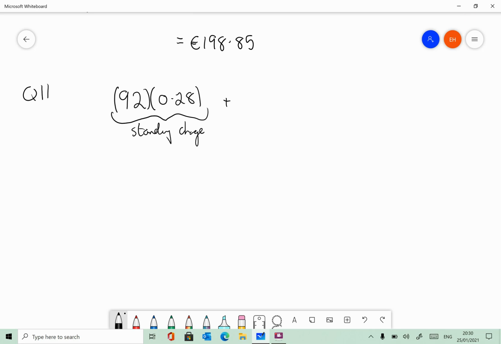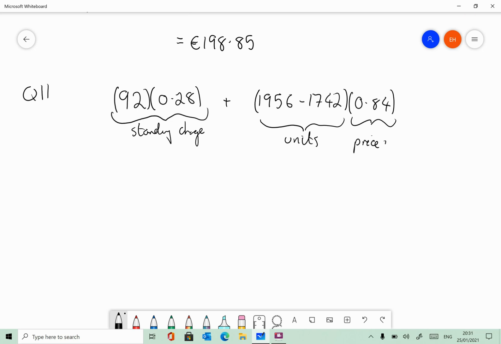And onto that, we're going to have to add the charge that we actually have to pay for the amount of gas we use. So 1956 minus 1742, that's the number of units that were used. And for each of those units, it's 0.84. So we multiply the number of units by the price per unit.